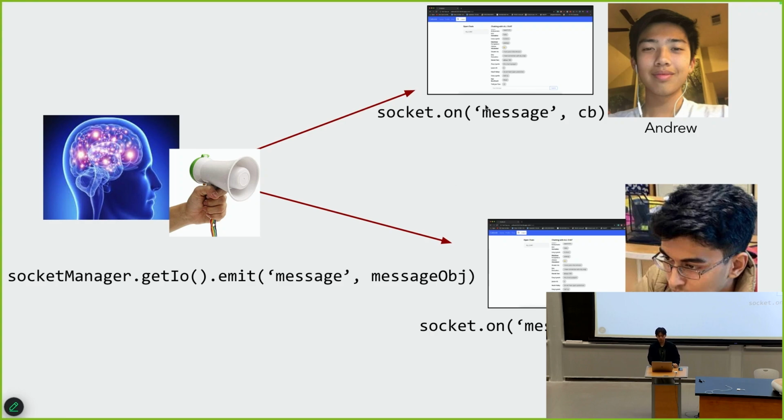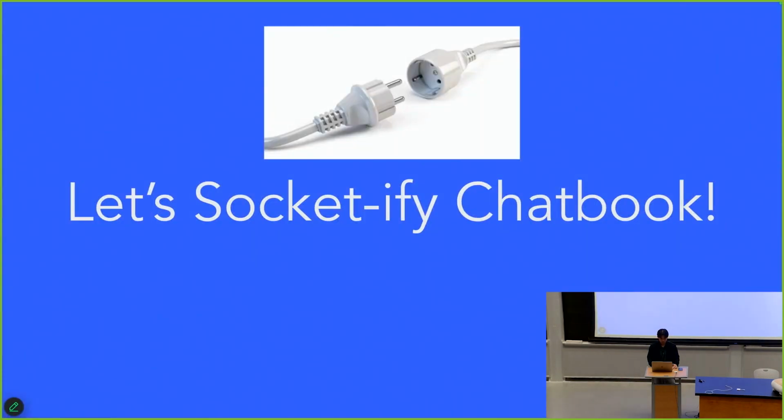And now the clients that are all listening can listen for this message event, and whenever that happens, we have a callback that would take in this message object and then do something with it. For example, render it on the screen. Sorry, not add it to the database, but render on the screen.